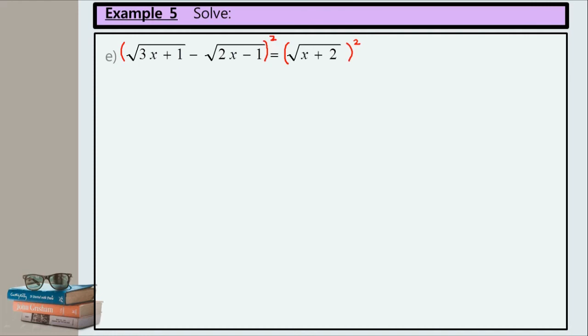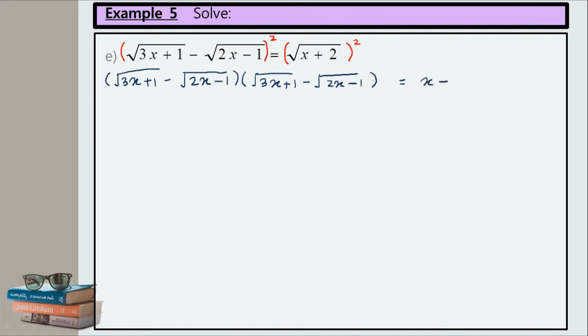Now for the left hand side, we need to write like this supaya kita lagi nampak lah. √(3x plus 1) minus √(2x minus 1) times √(3x plus 1) minus √(2x minus 1) equal to, right hand side ada √ square terus, so kita boleh tulis x plus 2.